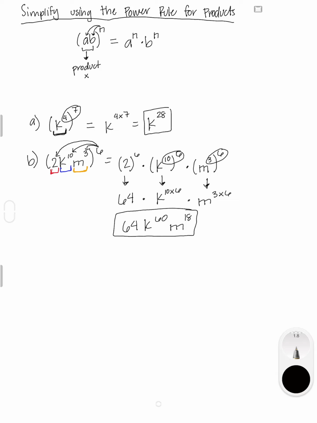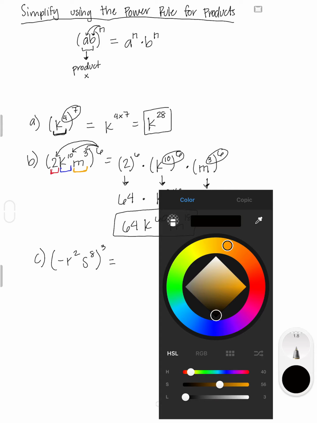Let's try another one. So we have negative r to the 2nd power and then s to the 8th power and then everything to the 3rd power. So basically for this one, again, we want to separate everything.